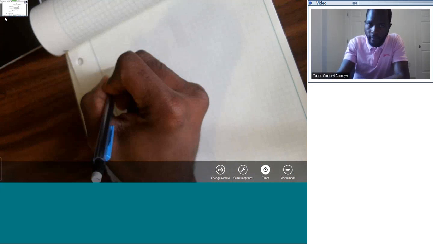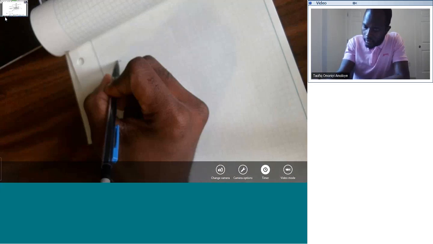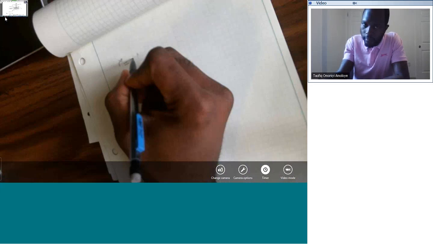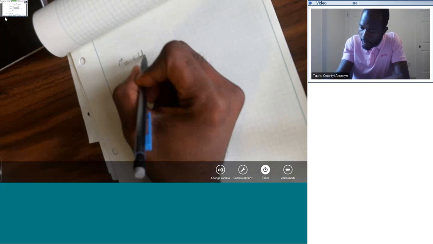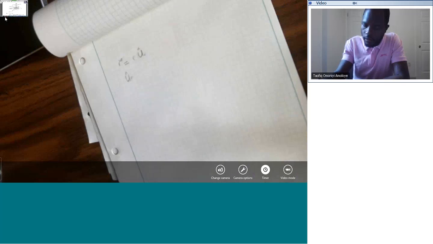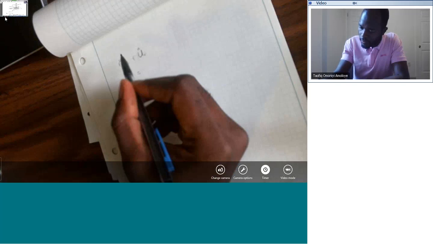the position vector R equals R, that's the magnitude, times UR. Then UR is just equal to, that is the unit vector, the vector divided by the magnitude.